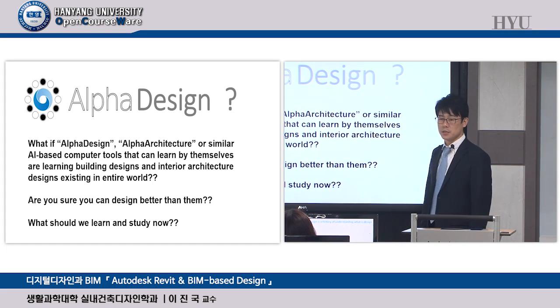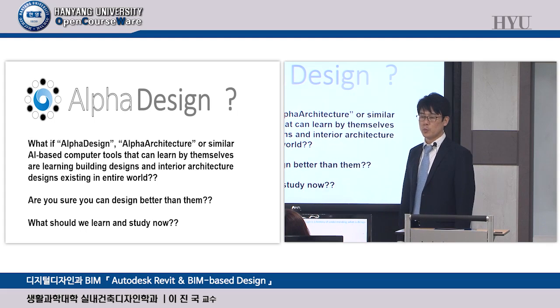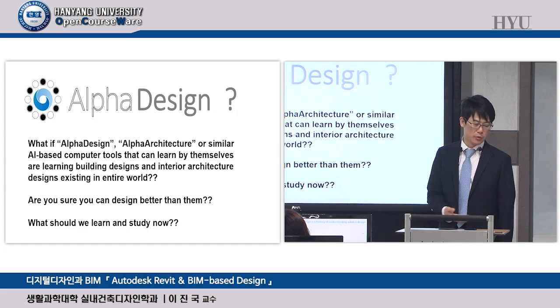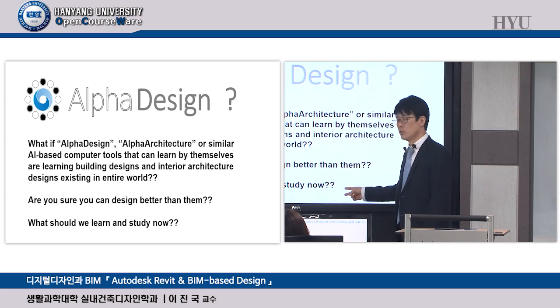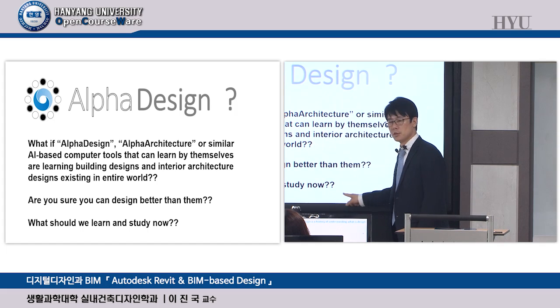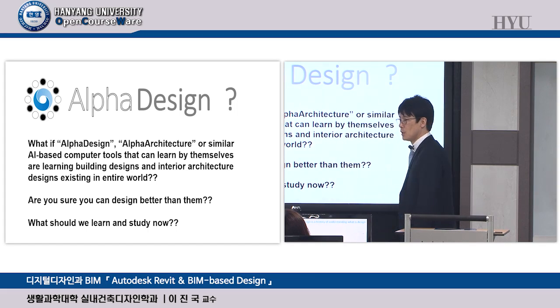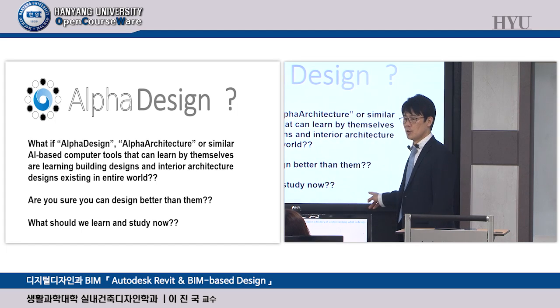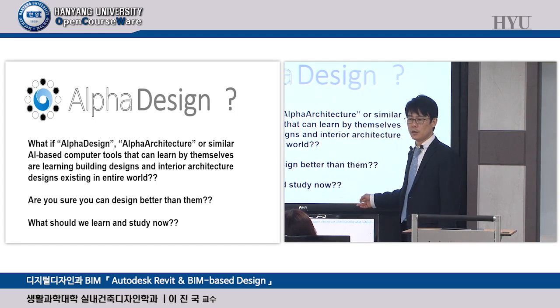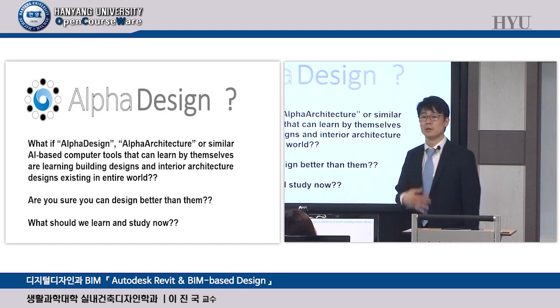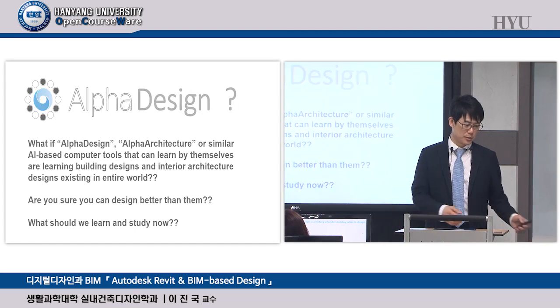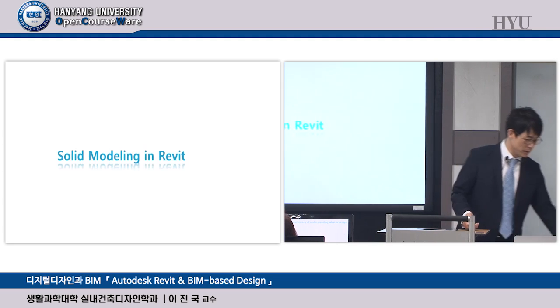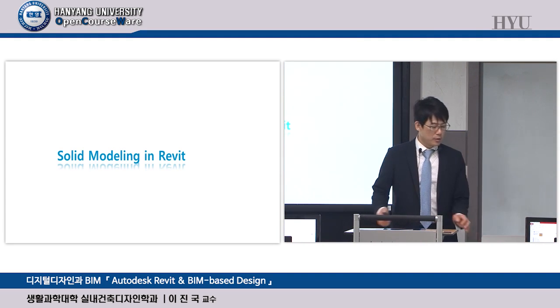Even if there is Alpha Design, based upon human creativity we can do a lot more. So what you need to do, the answer for this one, is simply learning cutting-edge design tools and mechanisms. In other words, something about BIM, okay? Or even beyond BIM applications. That's the point, okay?